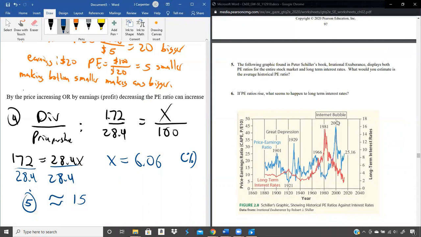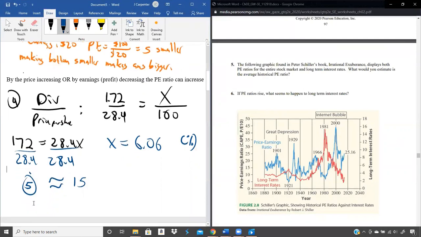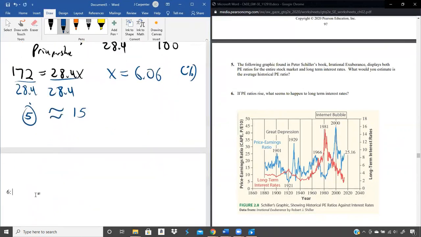Here's another instance where the blue goes super high and the red starts bottoming out. Based on the peaks, I would say these are inversely related. So for number 6, as PE ratios rise, long-term interest rates tend to fall.